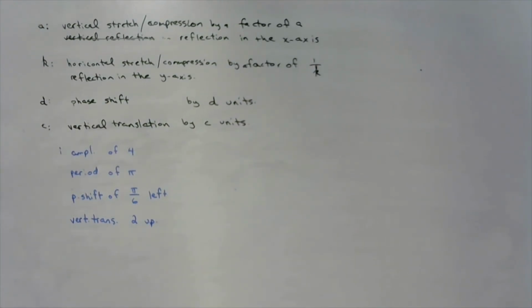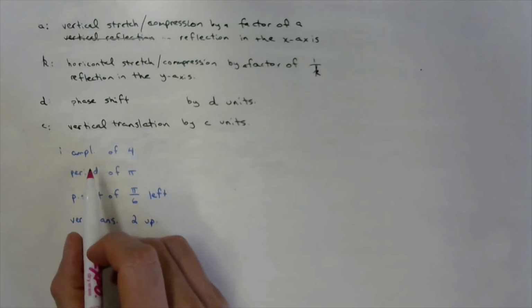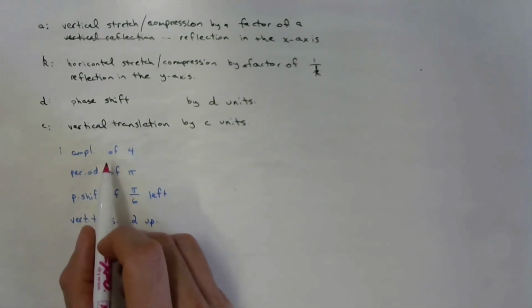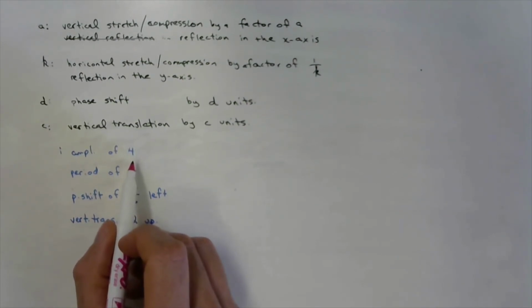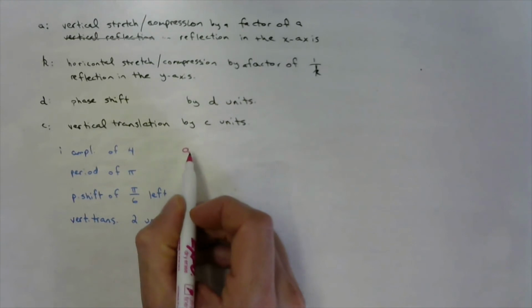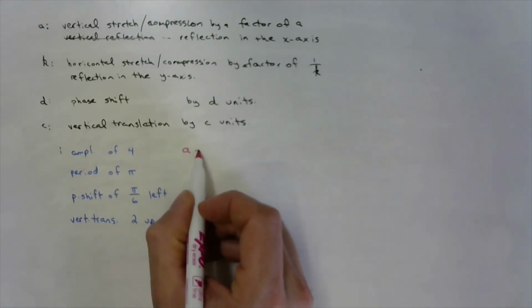So basically we're going to look at each of those things and what it tells us about the parameters A, K, D, and C. Amplitude is half the distance between the max and the min, and it directly translates to the value of A. So A equals 4.